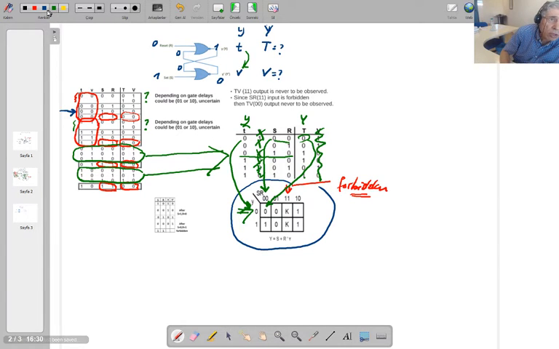So I change the color now to blue. Present state is 0, that is 0. And apply input 0, 1. Your next state is 0. Change the color one more.